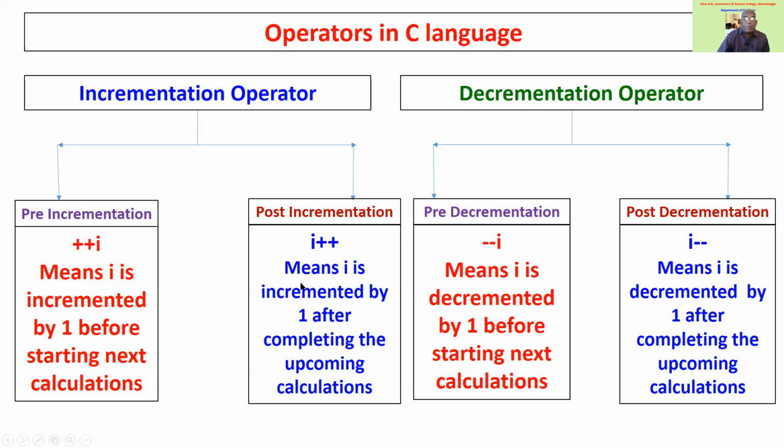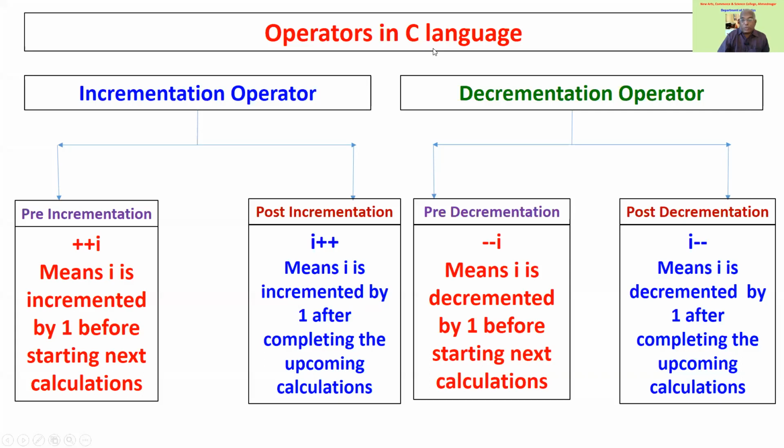I plus plus means I is incremented by 1 after completing the upcoming calculations. You complete that set of calculations first and then add 1 to I. That is post-incrementation, whereas in pre-incrementation you add 1 to I first and then do the calculations. So that is the meaning of pre and post.